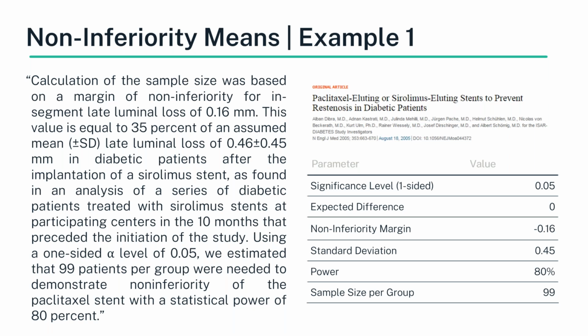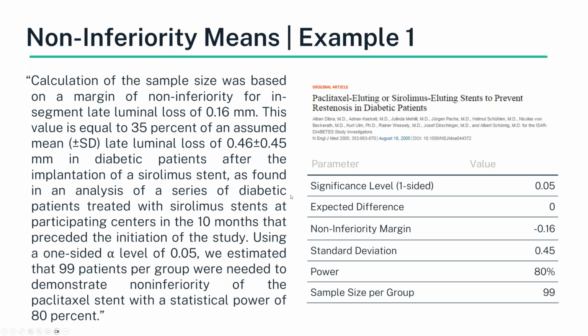The common standard deviation was 0.45, and using a 0.05 one-sided significance level, they found that they would need 99 patients per group in order to demonstrate non-inferiority with a power of 80%. And on the right, you can just see that information summarized in the table.